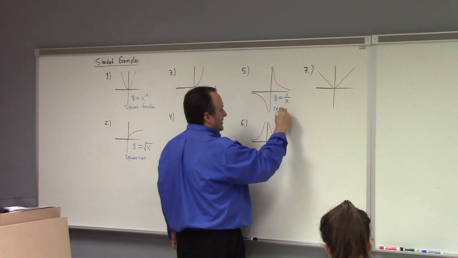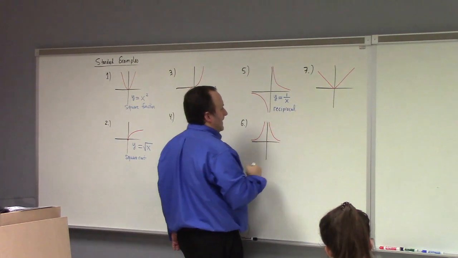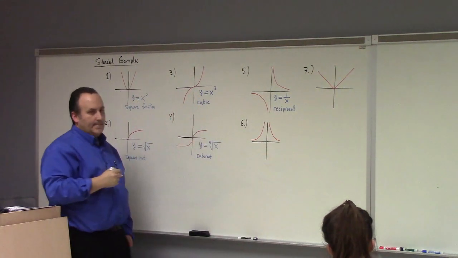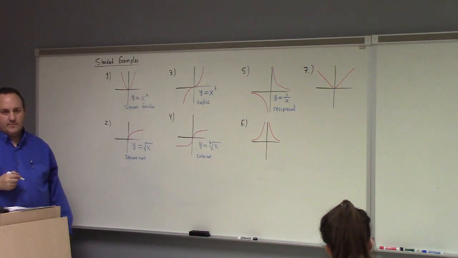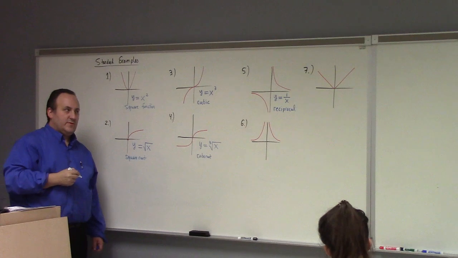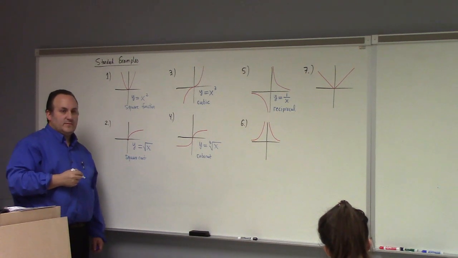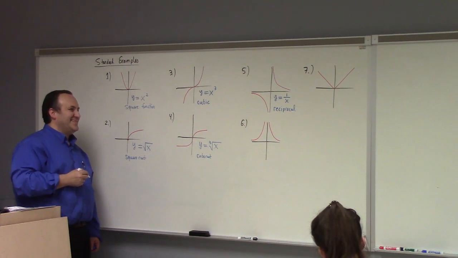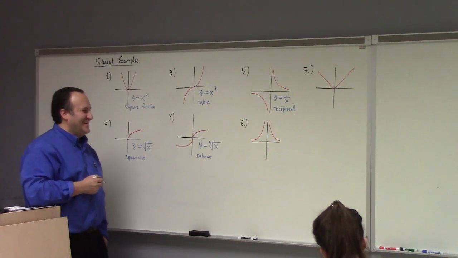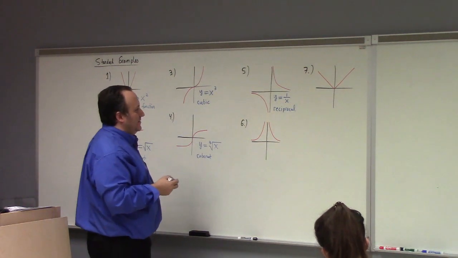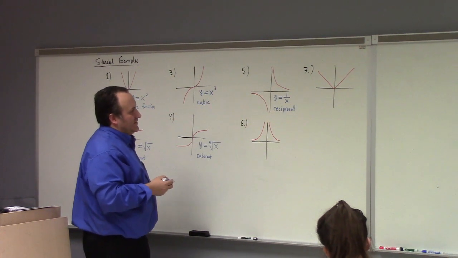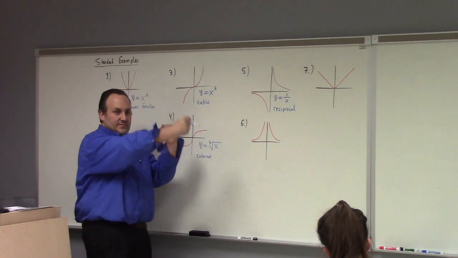Now geometrically, what is this? What shape is this in terms? Looks like a triangle. A kite. You're not wrong. But if I did it better, it would look like a hyperbola that's been just turned.